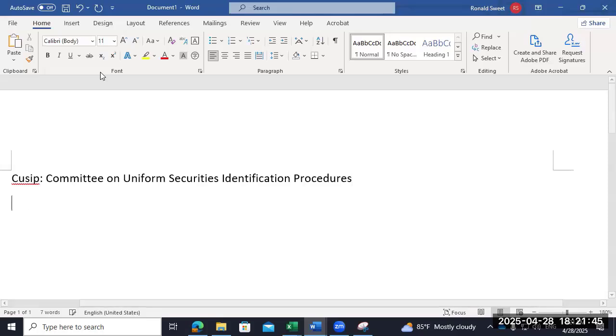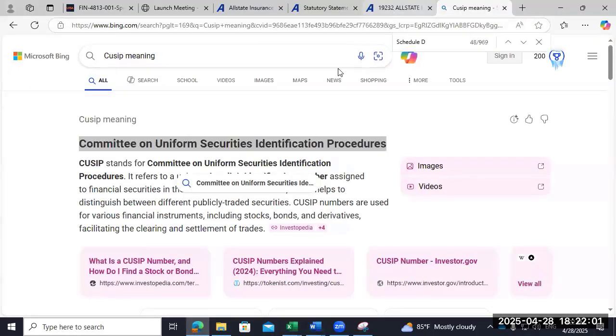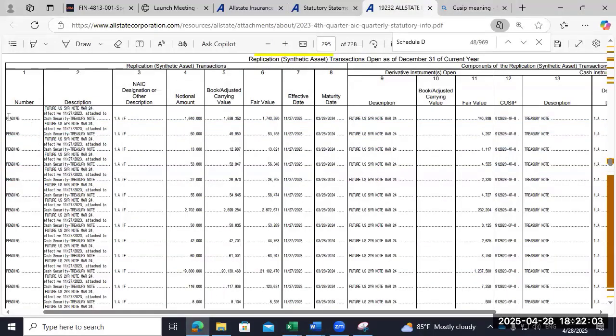So think of a CUSIP. It's like a ticker for bonds. So stocks have tickers, like Apple is AAPL, Walmart is WMT. CUSIPs are like tickers for a bond. And so they show the ticker number in here. I mean, there's CUSIP number in here somewhere.